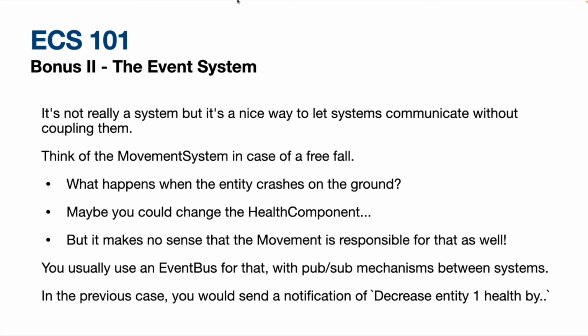And yes, you could give the health system and the movement system the rights to update the health component, but does it really make any sense? They're completely uncorrelated, so nah, I wouldn't do this. For this, there is the event system, which is actually just an event bus in which you subscribe and you publish some stuff. In this case, it would be just a decrease player health by 80%. Then on the next step, it will be processed by the dedicated system, the one that is registered to that.